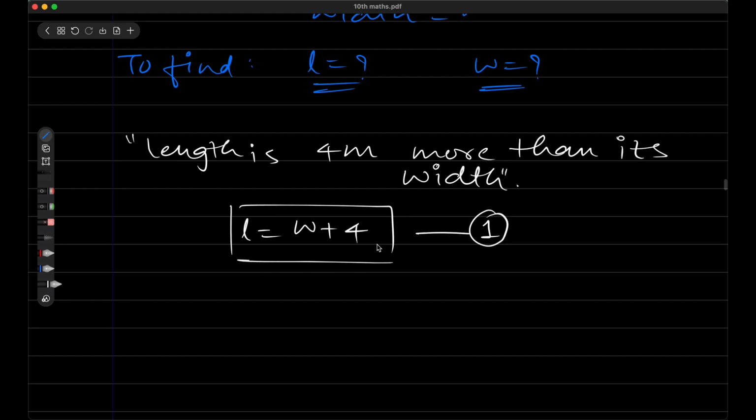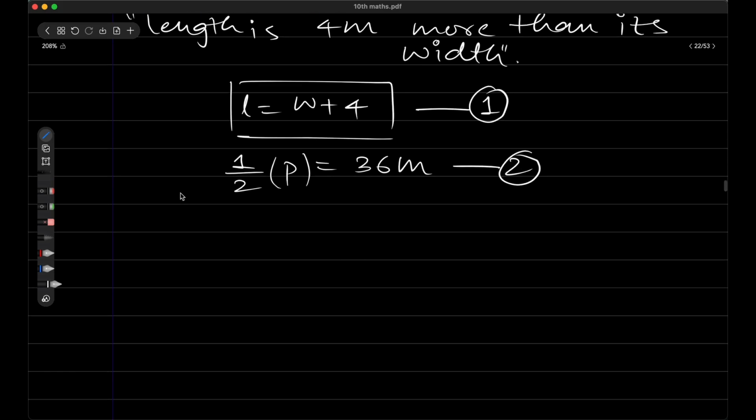This is the first equation. And second equation, that is half the perimeter of the rectangular garden is 36 meter, 1 by 2 half of perimeter equals to 36 meter. This is the second equation. Then we have the third equation, that is perimeter of the rectangular garden equals to 2 into length plus width. This is the third equation.